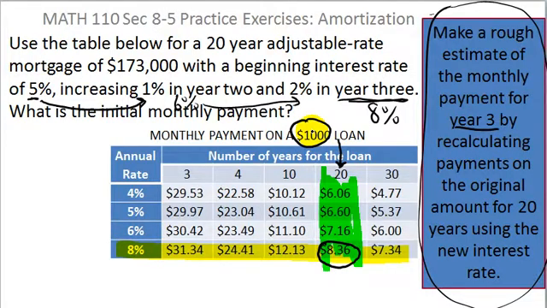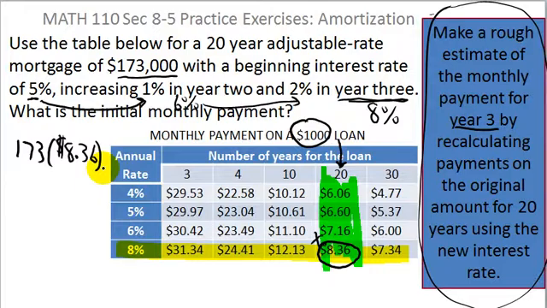So as before, we need to find out how many $1,000 loans $173,000 represents, and we just did it. It was $173,000 divided by 1,000, which is 173. So it's the same multiplier. The only thing different is you're multiplying by a new monthly payment. Since the interest rate went to 8%, obviously the monthly payment would be higher.